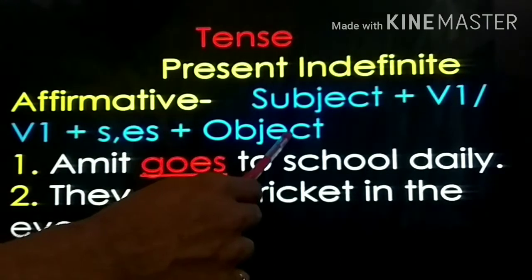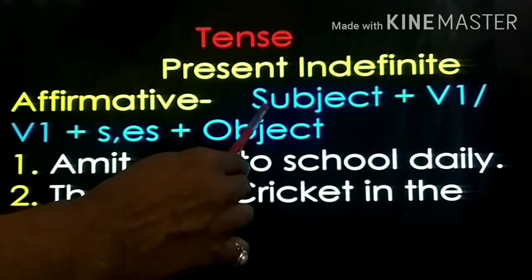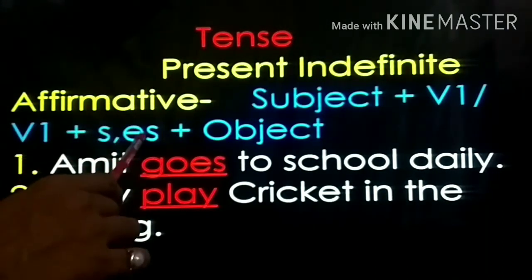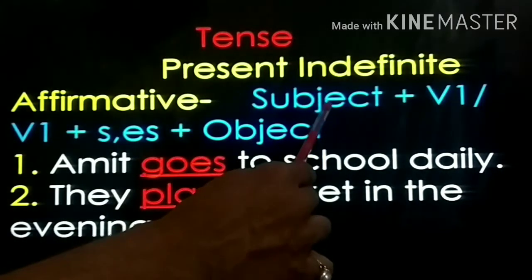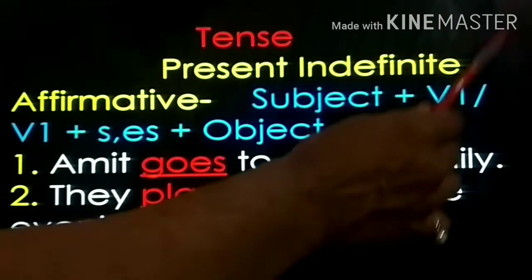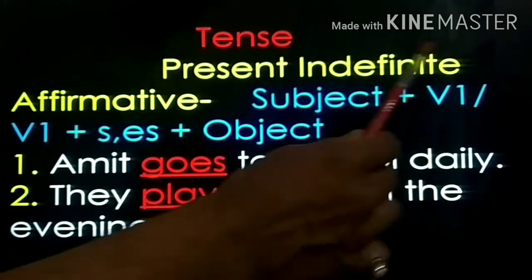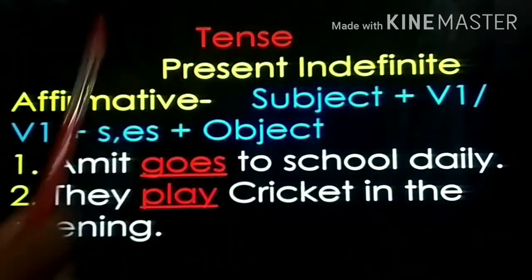After that the object. If the subject is singular, then we will use first form plus S or ES according to the rule of grammar. If the subject is plural, in that condition we will use the first form of the verb. Very simple rule: subject, verb and object.